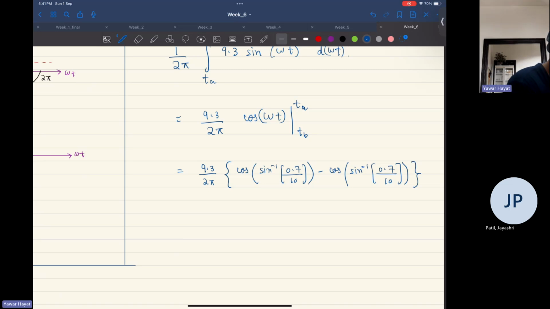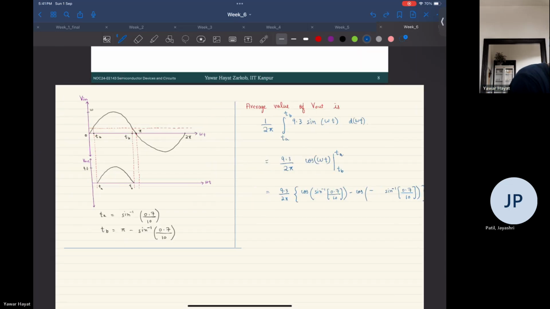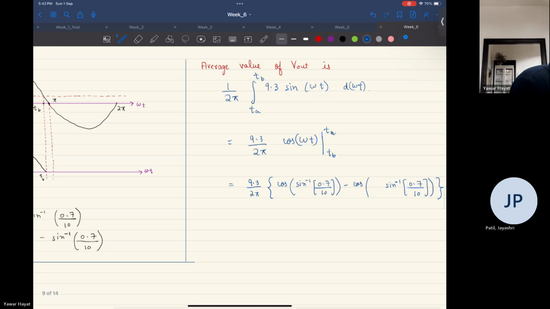Sorry, when putting TB, my bad. It was pi minus sine inverse, because TB is pi minus sine inverse of 0.7 by 10.